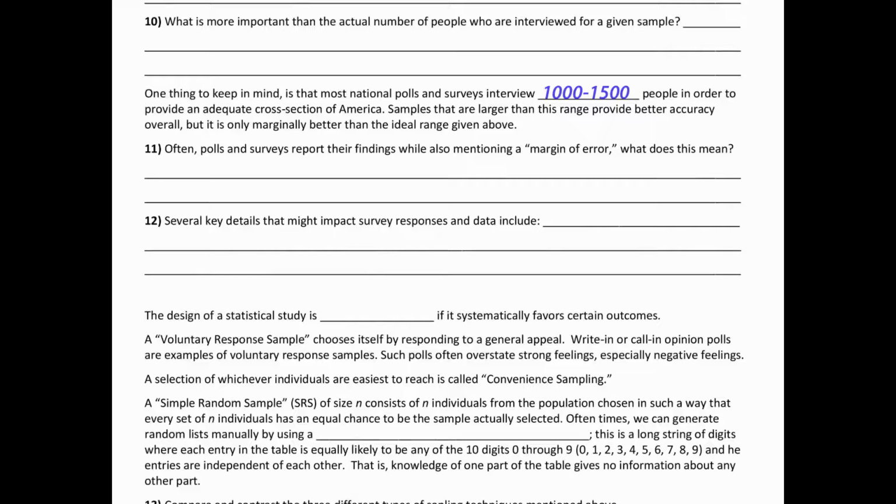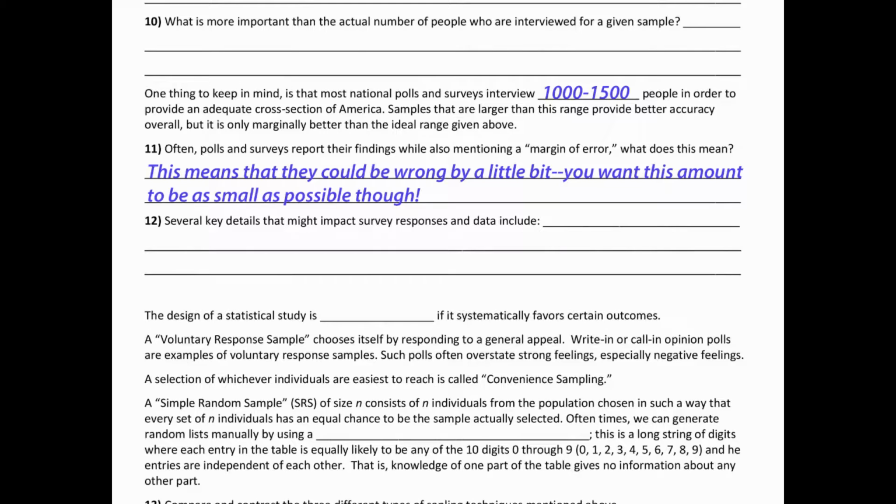Question 11 here says, often polls and surveys report their findings while also mentioning a margin of error. So what does that margin of error mean? Well, a lot of times the results could be wrong, but just by a little bit. That's your hope. You want to be as close as possible to the truth. So the margin of error gives you a little bit of a cushion. Usually when we do this, we do a plus or a minus sign. So we might give a number like we expect people to be 7 years old, plus or minus half a year.